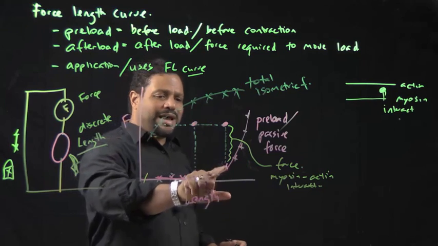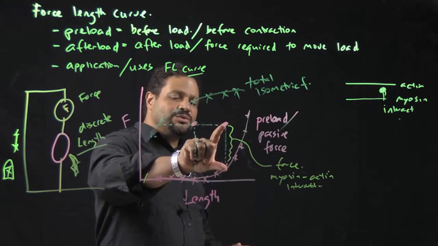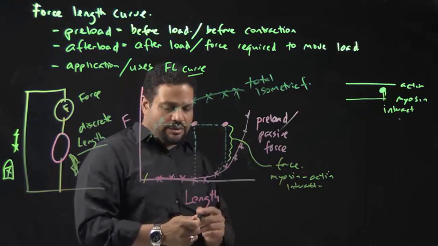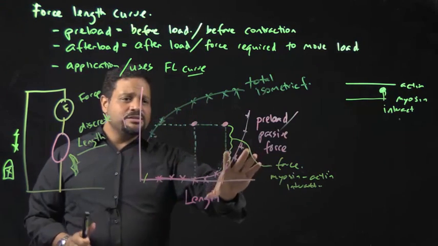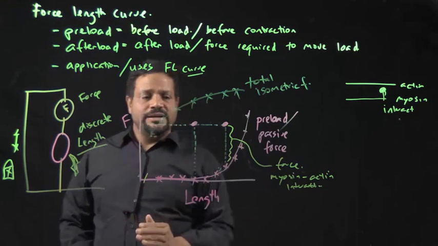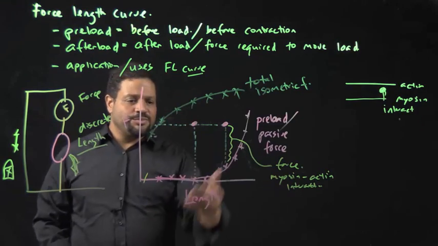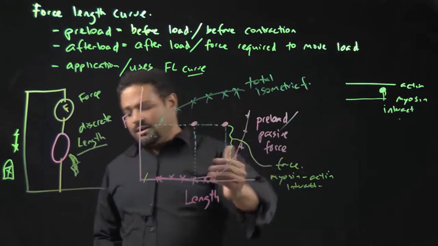So the preload actually helps or generates some force so that the muscle has to do a little bit less work just to move that load. That is an application on how preload can affect the amount of work done by the muscle. So the preload basically helps the muscle move that weight.